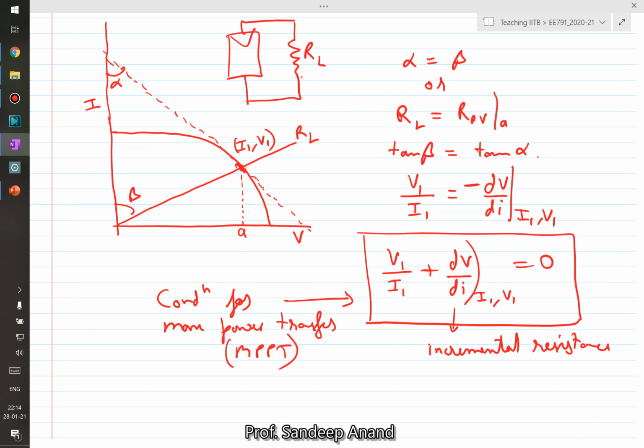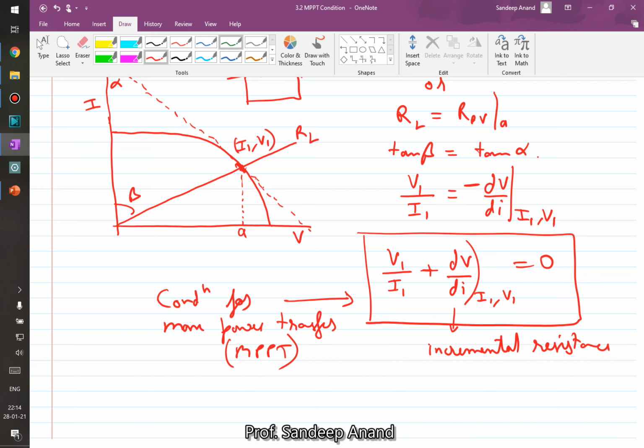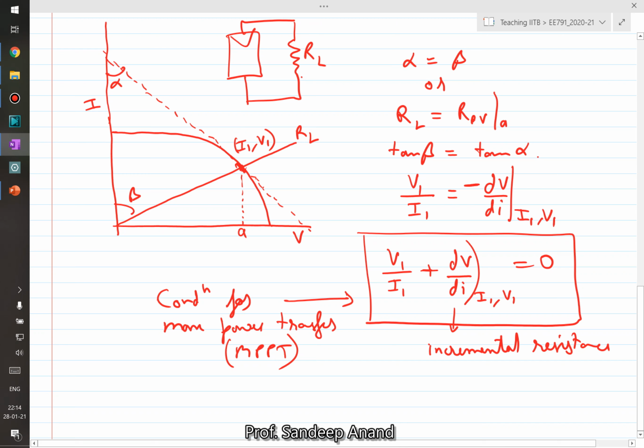For example, if I use a very low value of RL, let's say RL1, then you see this angle alpha is almost 90 degrees, whereas beta is really small.